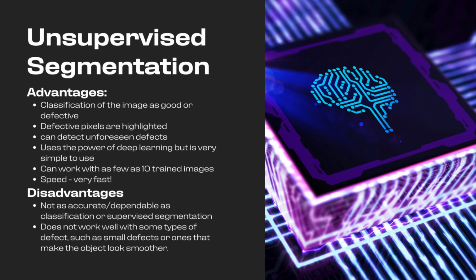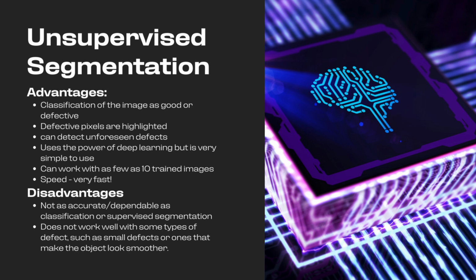The disadvantages are that, of course, because you are looking for things that you have not actually specified, it's not as accurate or dependable in classification as a supervised segmentation would be, because you haven't defined what you're looking for. So you will certainly not be up at the 99.9% that you might be with other ways of looking for segmentation, but you can look for things that you don't know what you're looking for.